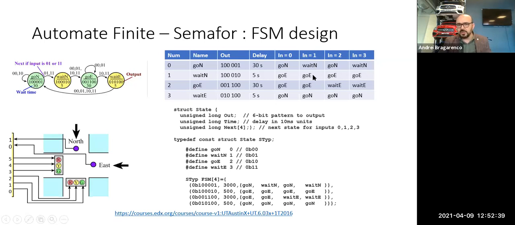We are going to wait north, meaning go to the yellow. Same here: if we have the north asking, or both asking, we will go to wait east. Now converting from here to here, we'll have the implementation.